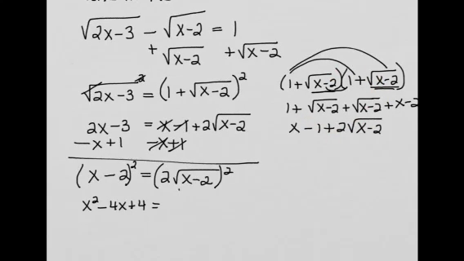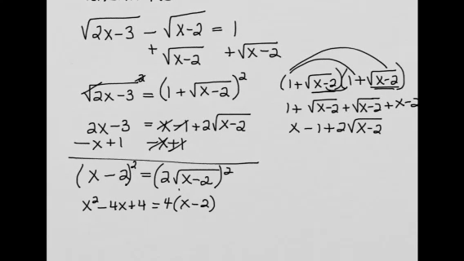Equals. Now I have to take the 2 and square it. That gives me 4. Then I take the radical and square it. Well, the square and the radical will just cancel out. So I have 4 times x minus 2.